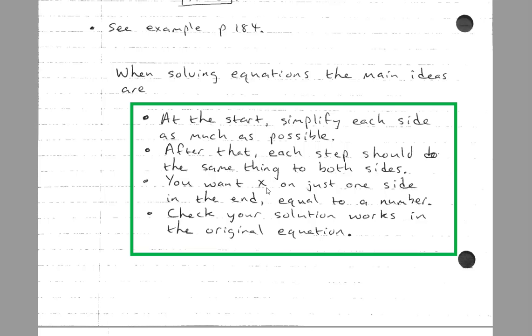And finally, you'd like just one x on one side and a number on the other side. So that'll be your solution. And a good idea, check your solution works, just to make sure you got the question right. Check your solution in the original, in the starting equation.